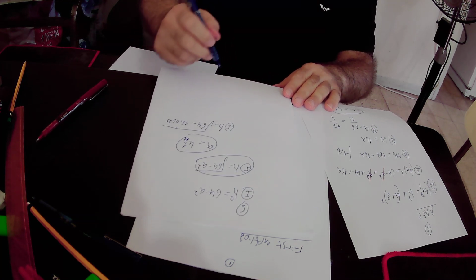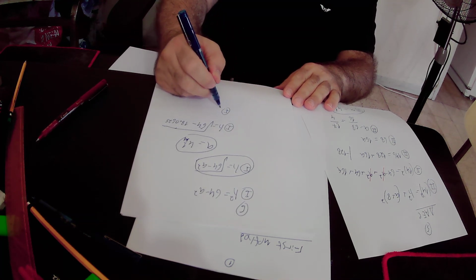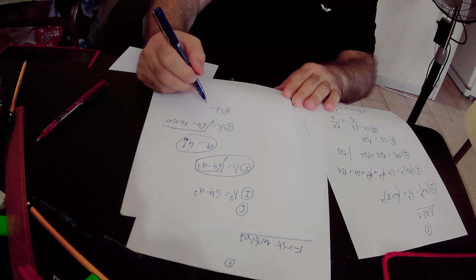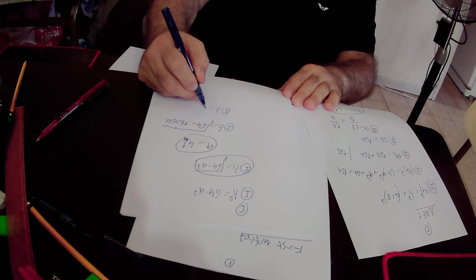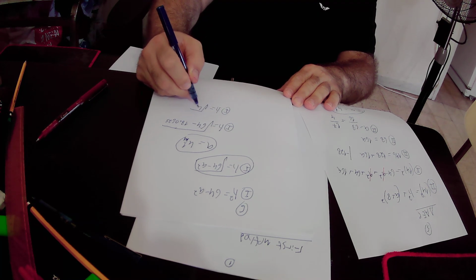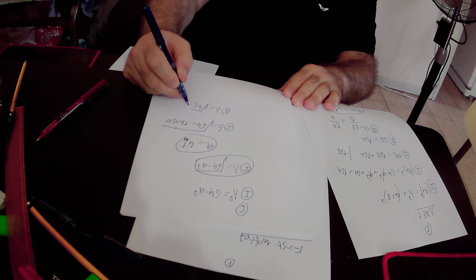So h equals the root of 64 minus 18.0625, equals the root of 45.9375.